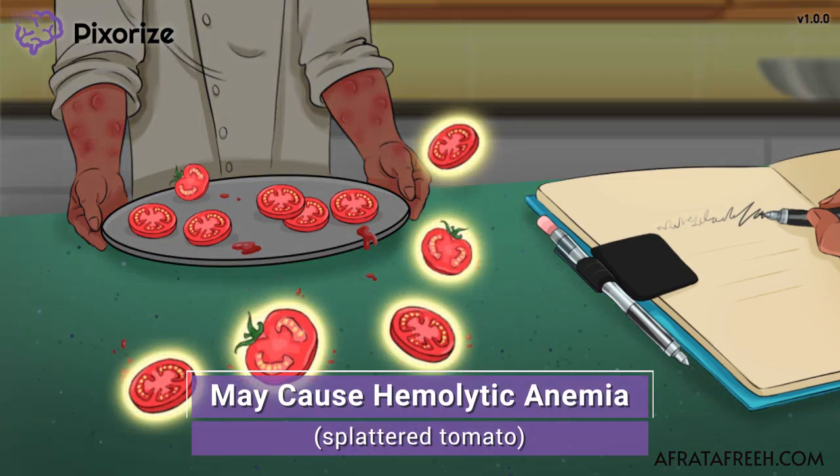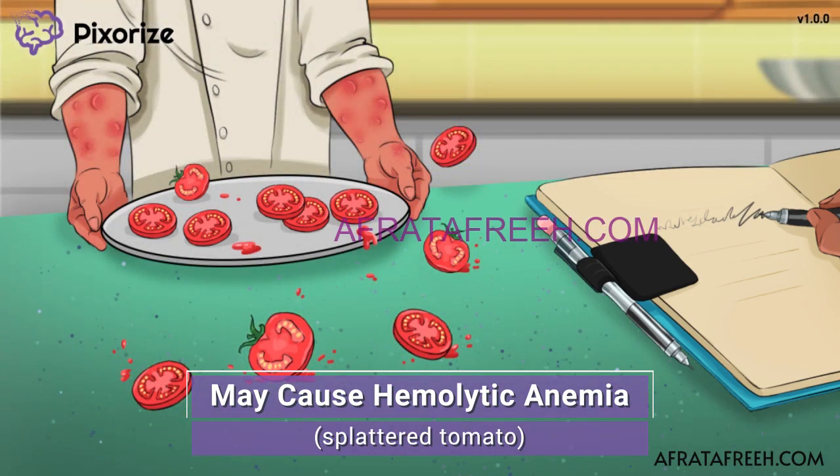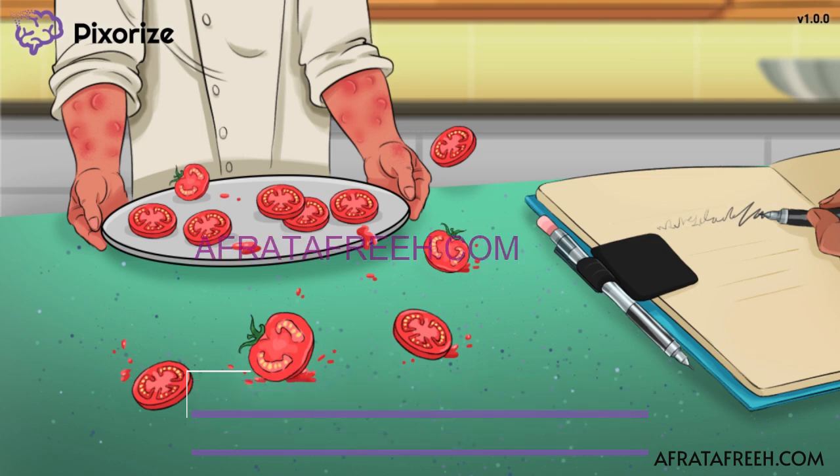Then, the splattered tomatoes here can help you remember hemolytic anemia, or anemia caused by the destruction of red blood cells. You see, cephalosporins can cause the body to create autoantibodies directed against the body's red blood cells. As red blood cells are destroyed faster than they are created, this develops into autoimmune hemolytic anemia.